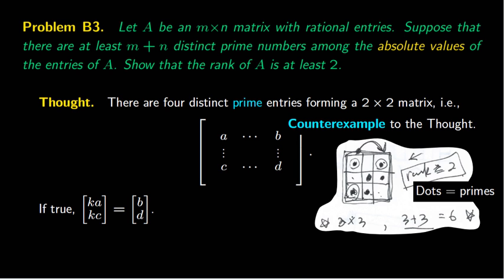So I pursued it, but I found this counterexample in that process which defies the existence of 4 primes like this. So this is the 3 by 3 case, and these dots represent distinct primes. Even if there is a prime in other places, we ignore that part. We just focus on these 6 dots which are distinct primes. So I lined it up like this so that it has 3 plus 3, 6 distinct primes, distributed like this.